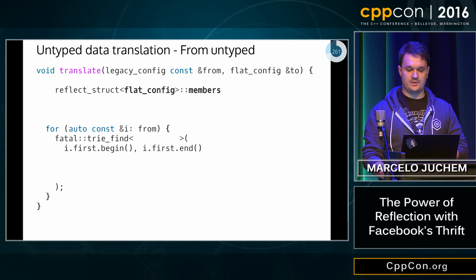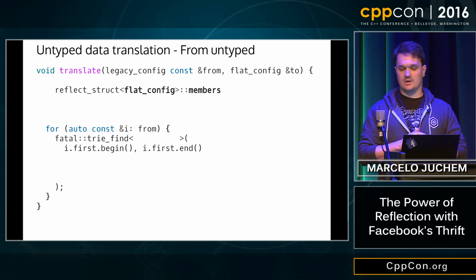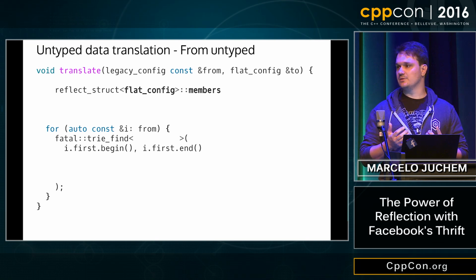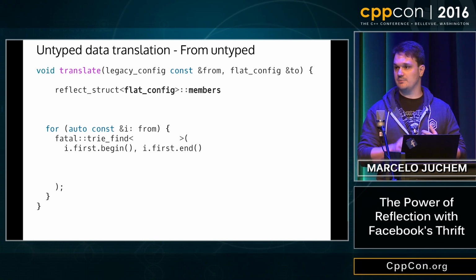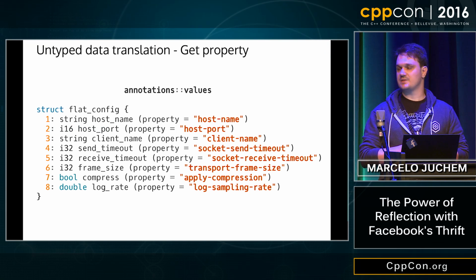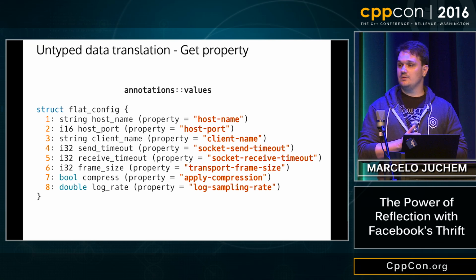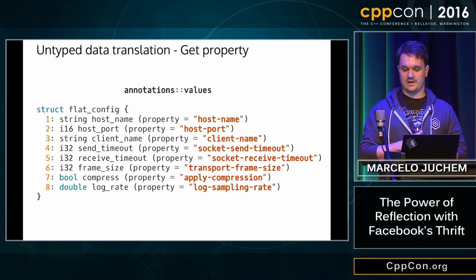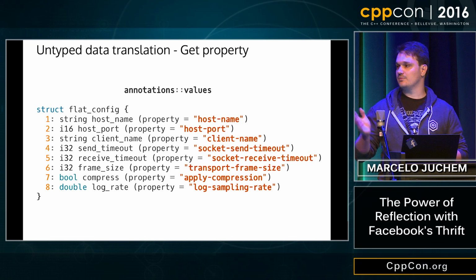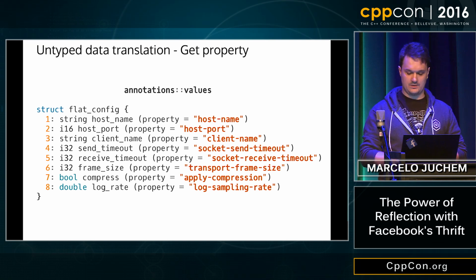But the trick here is that it doesn't map directly to the member name. It maps to an annotation for that specific member. So we need a way to look that up based on the annotation, not on the member name. So this is how annotations work in static reflection. You have the annotation name, which is property, and you have the annotation value, which is like host name, host port, client name, and so on and so forth. So the thing on the right is the value associated to that annotation.